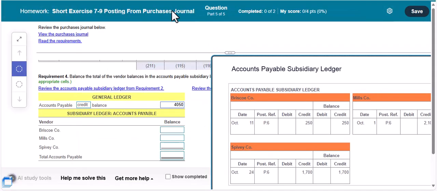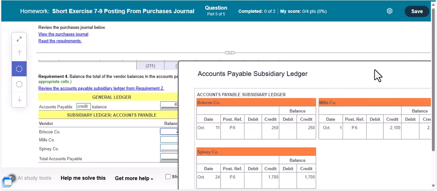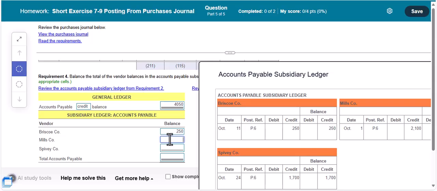And so now down below, we are grabbing the balances of the AP subledgers for Briscoe, Mills, and Spivvy. So Briscoe's balance is what? $250. Mills balance, double check, $2,100. And then Spivvy is $1,700.